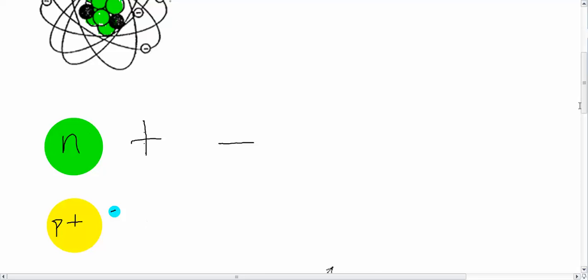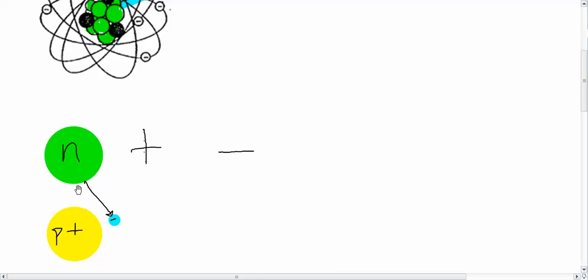Pretend, for example, that this neutron ejected this electron. What you're left with after that is the positive charge and pretty much all the mass. So essentially, you're left with a proton. And that's what happens during beta particle radiation.